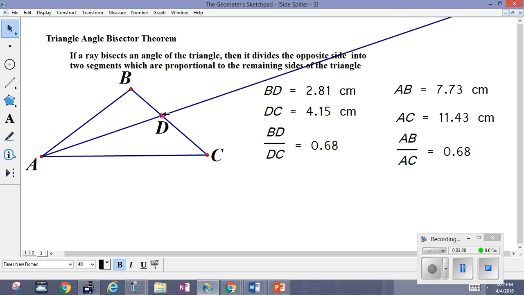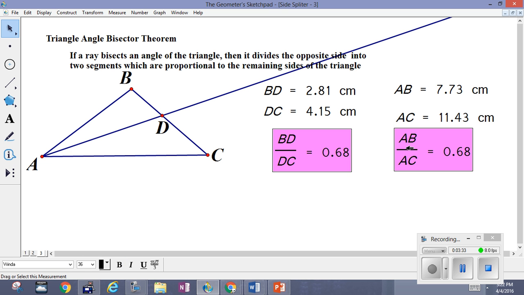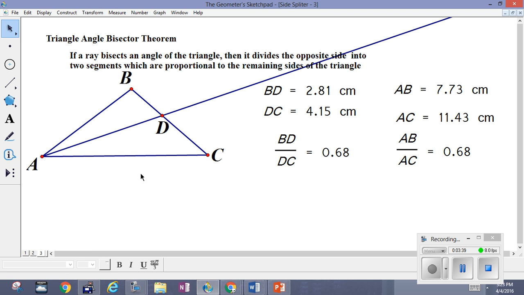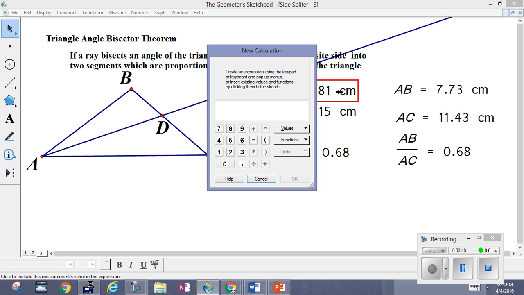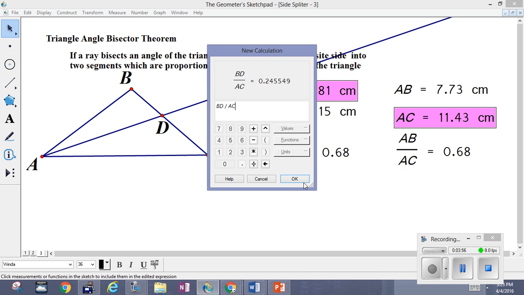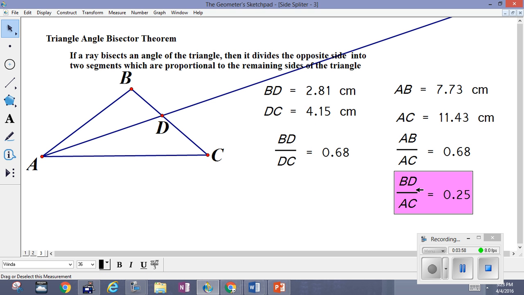And that should be a consistent ratio there too, because after all, these are equal, and if I'm allowed to do interchanges on these, they will keep the same consistent ratio. So let's take number calculate, and it might be easier to look at BD to AC. Take that ratio, and we're going to set that aside.